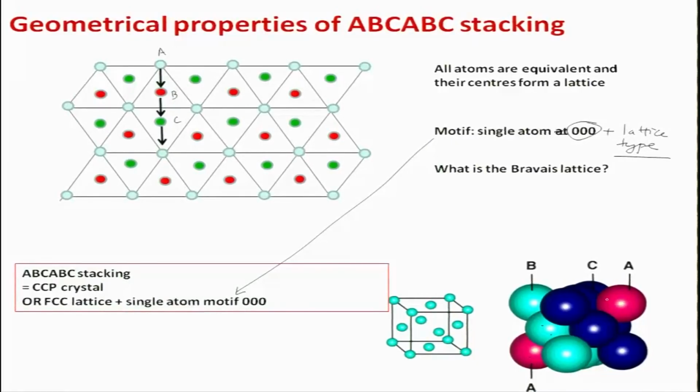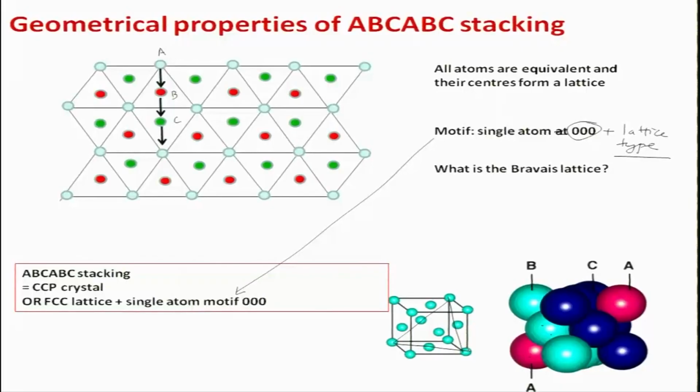interestingly, this looks like a hexagonal pattern, right? But I am saying that you are forming a cubic crystal, and this is because the atoms are arranged in such a fashion. If you now consider the cube, so this is the cube, right? Within this cube, if I connect the corners, what is the arrangement of atoms along this particular plane?